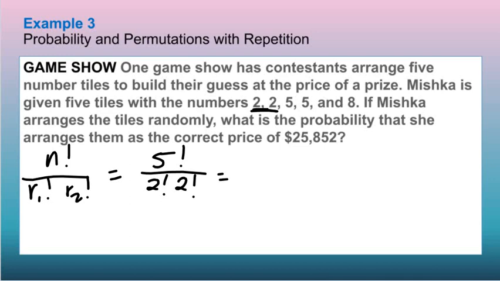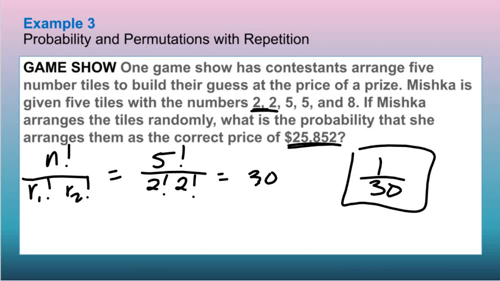So now if I do the math, that'd be 5 factorial divided by 2 factorial divided by 2 factorial. This will give us 30. It means we have 30 total arrangements, and out of those 30, only one of the choices will have 25,852. So the probability of that happening would be 1 out of 30.